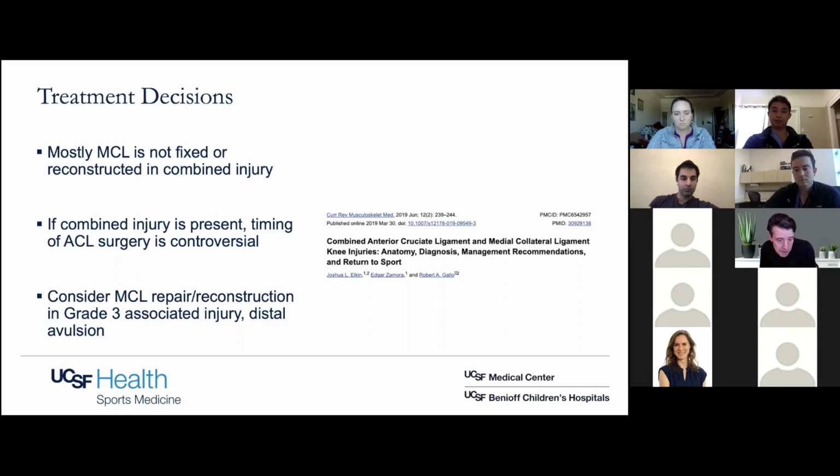But I do think that the distal ones are really concerning, and those almost certainly will need a repair and surgical treatment of the MCL itself because it doesn't like to heal. So just be aware that the distal MCL tear is a bit of a different animal to the typical MCL.